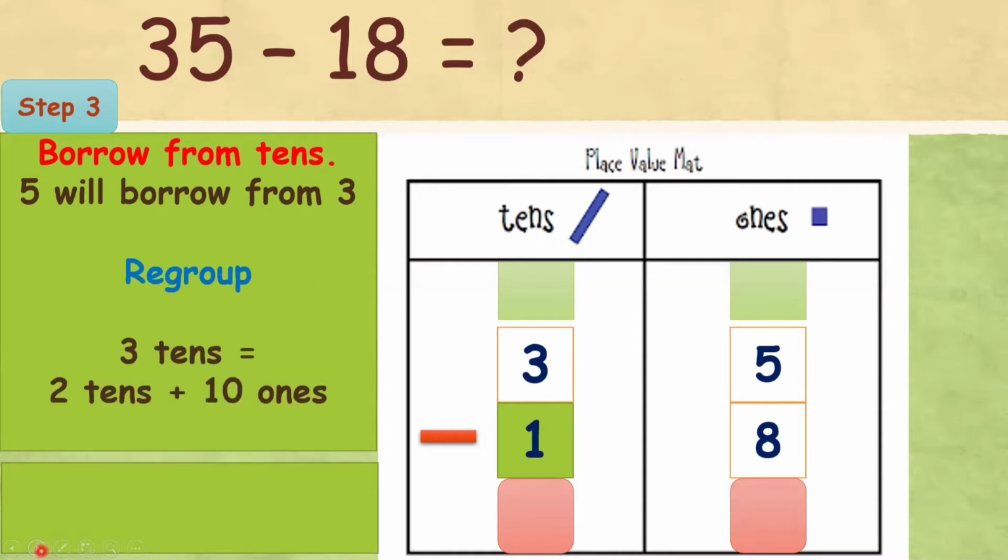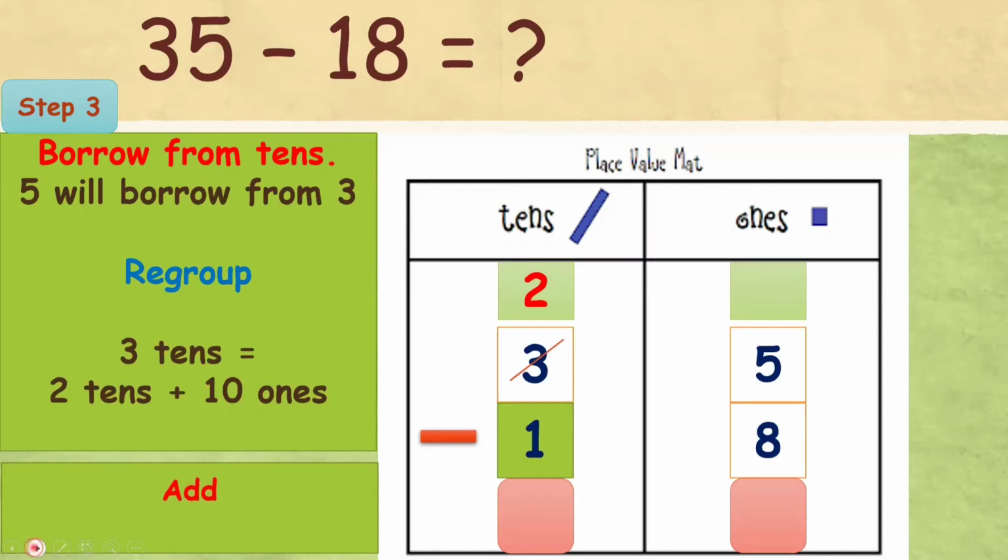So we will regroup 3 tens to 2 tens plus 10 ones. So we will cut 3 and write 2 in the tens column.